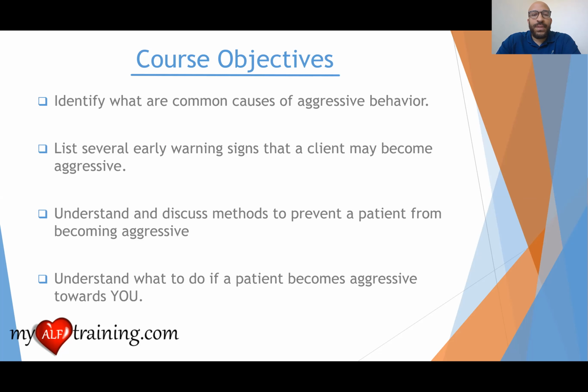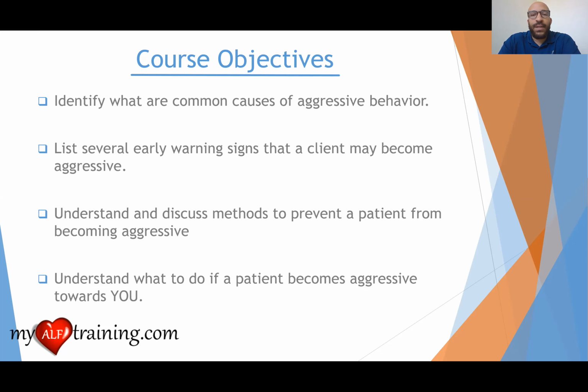So sometimes, unfortunately, we can understand the patients we're taking care of. We know reasons why they may become aggressive. We even have a firm grasp on the early warning signs, and we've identified them properly in a specific patient. Just because we're able to successfully do those things, we need to know how to additionally prevent that patient from becoming aggressive.